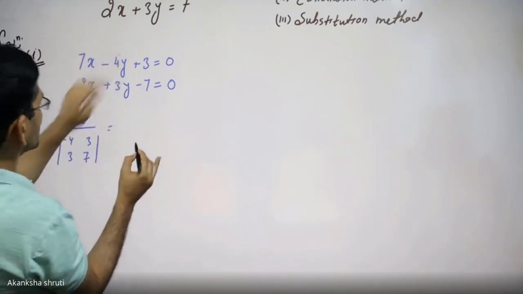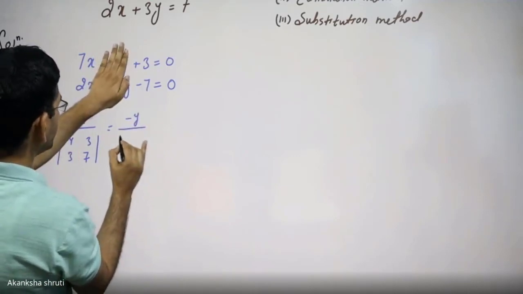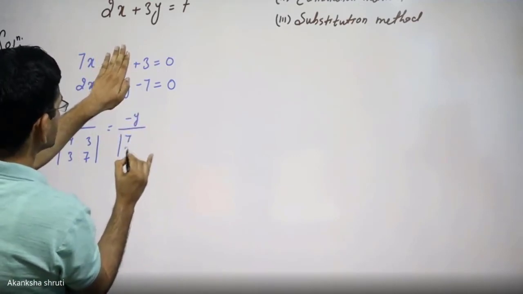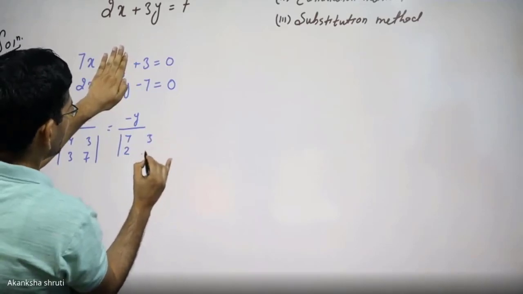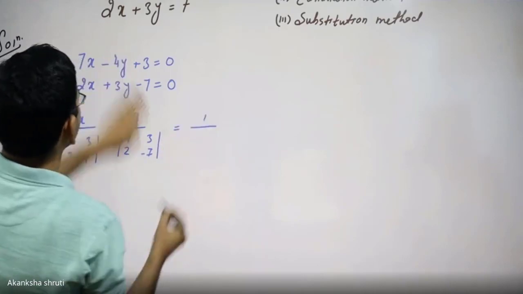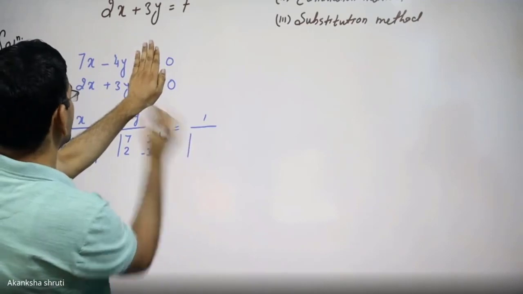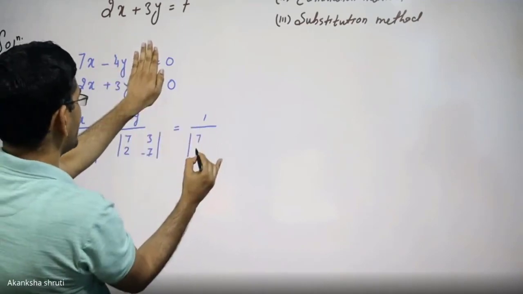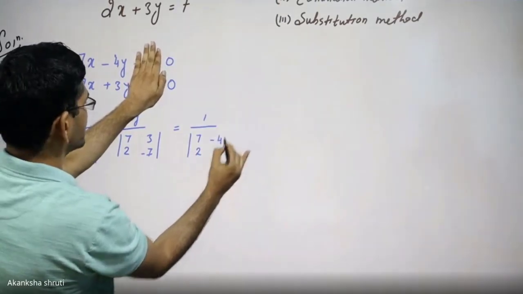Equals to, for this y, or better to put this minus y, hide it, and next the array 7, 2, then 3, minus 7, then 1, hide this constant term, write this as it is, 7, 2, minus 4 and 3.